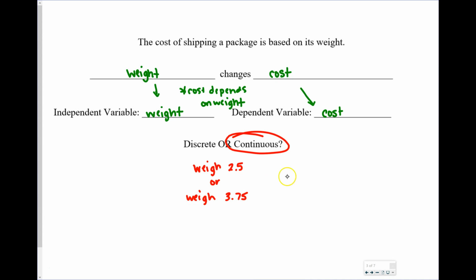So because I'm getting decimals, this graph is going to look something like this, because you can have decimals, right? If it weighs 1, 2, 3, 4, 5, since it could also weigh somewhere between 1 and 2, it could weigh somewhere between here and here, it could weigh 3. The potential points really could be anything because the package could weigh fractions and decimals. So that makes it continuous.